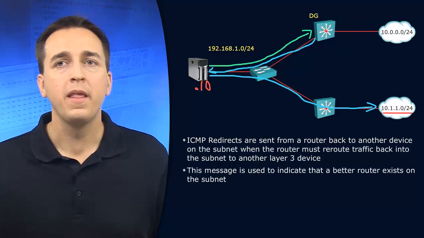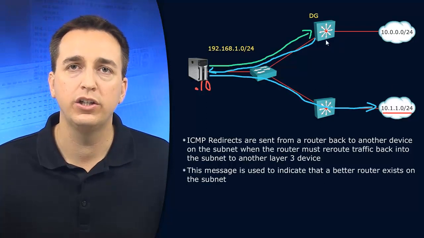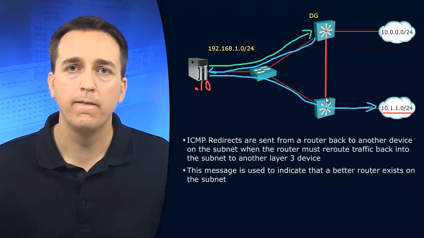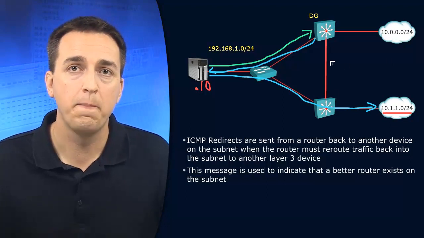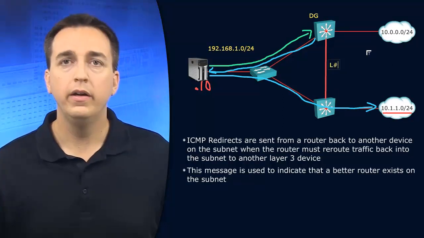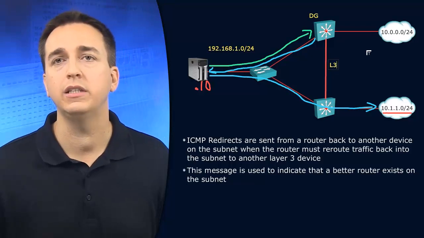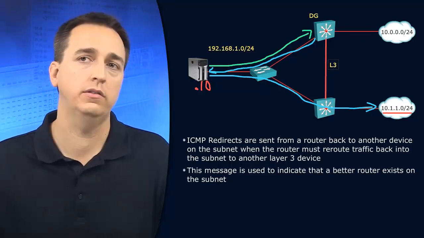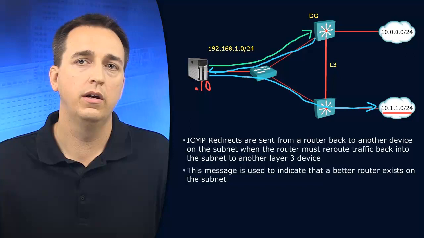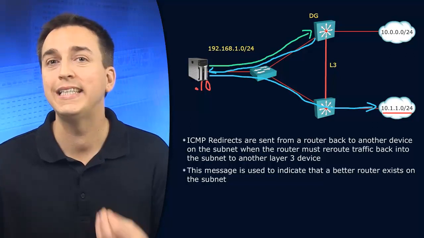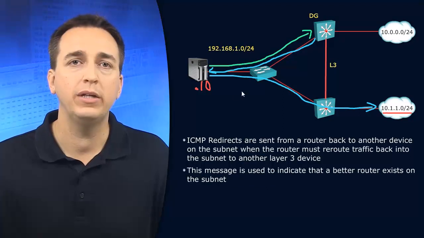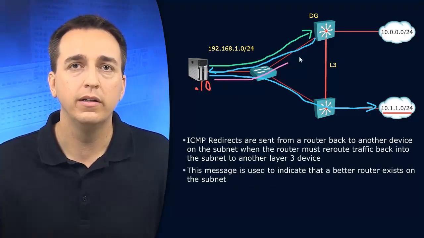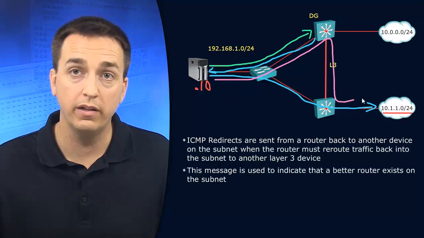So for example, if we added an additional link here, and it was a layer 3 link, and we had neighbor adjacencies formed between those two routers, how could traffic flow instead? Well, instead, in this case, we could simply have the traffic flowing this way, then this way, then this way.